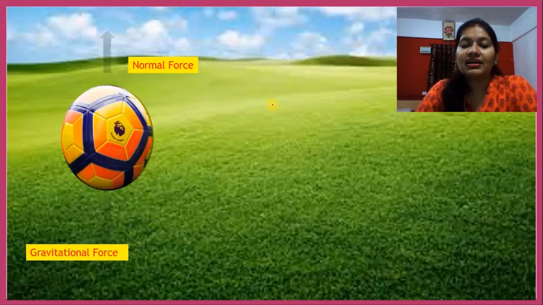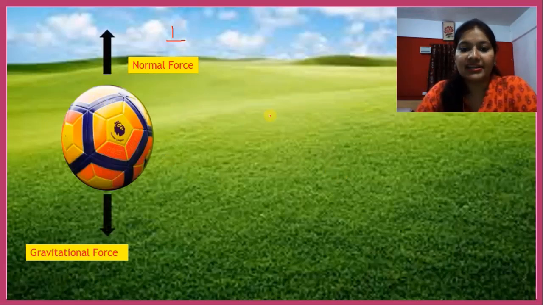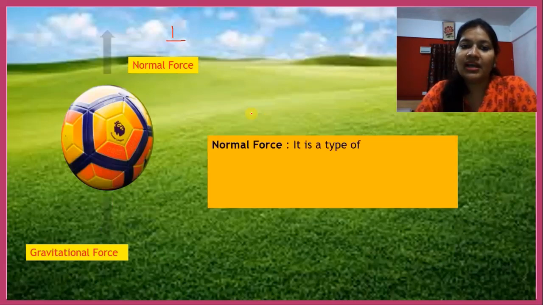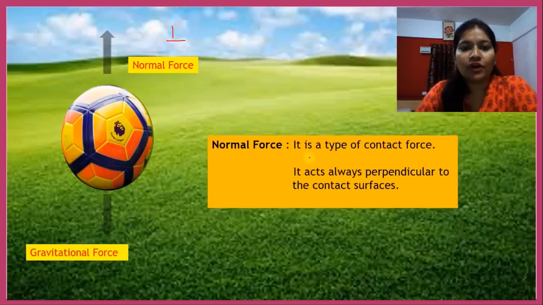Normal does not have the same meaning as the normal that you study in English. Here normal means perpendicular. So normal force always acts perpendicular to the object, and in the upward direction. So it's time for the definition of normal force.